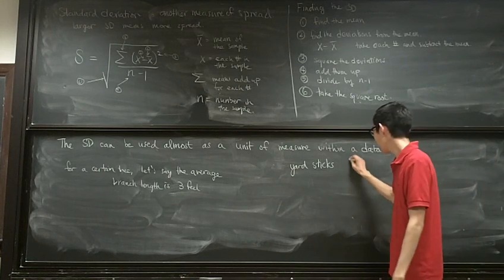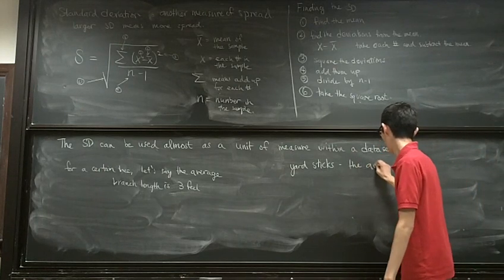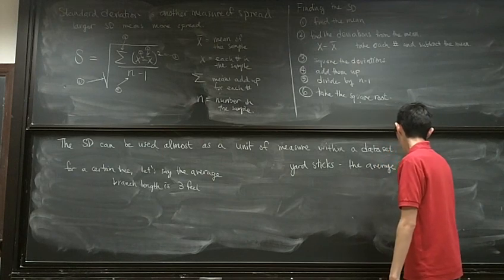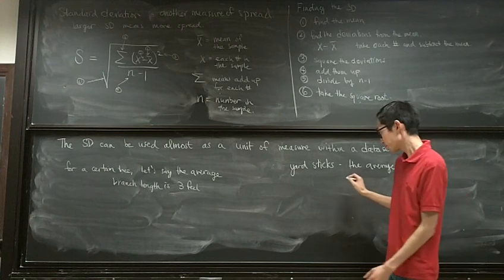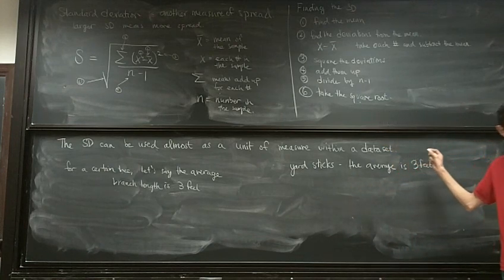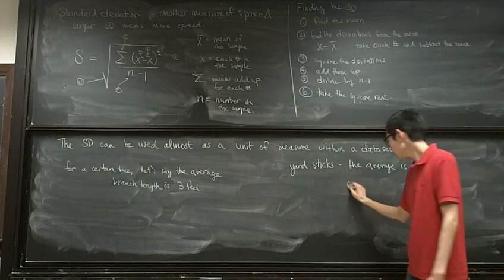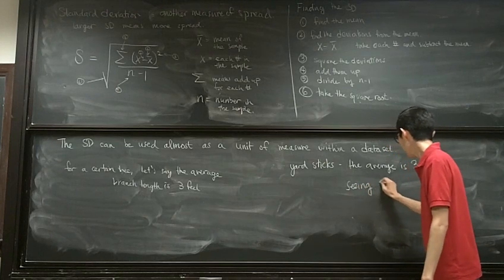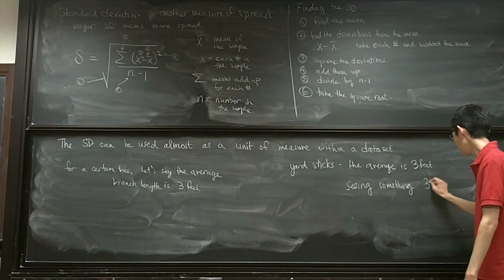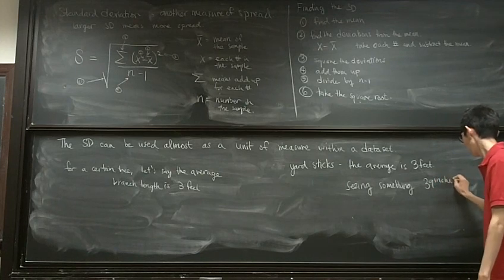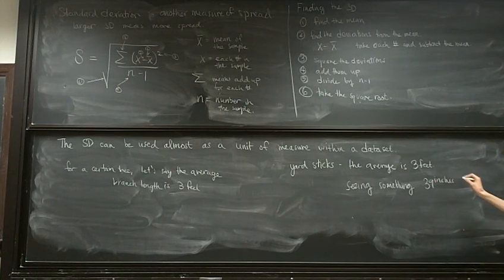So yardsticks, the average is 3 feet. In one case, seeing something, in this case 39 inches, would be highly unusual.